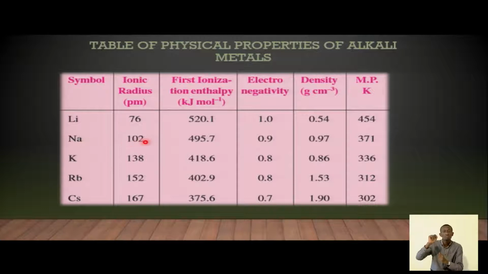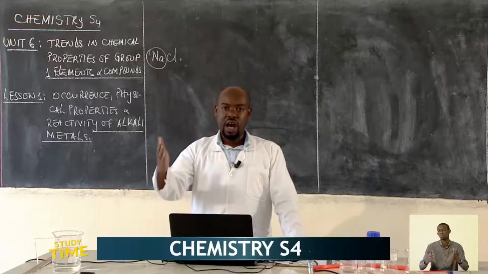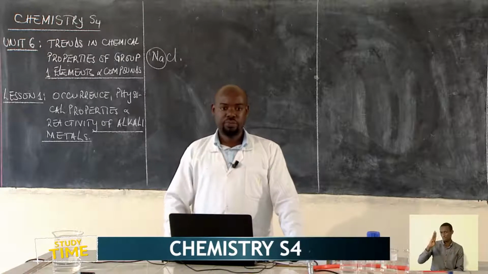Sodium we have 102. So generally you can see that the size is increasing. It changes in the same way as the atomic radius. As you move down the group, the size increases, be it for the ion or the atom.